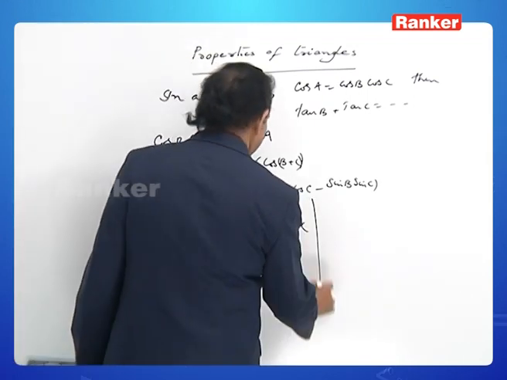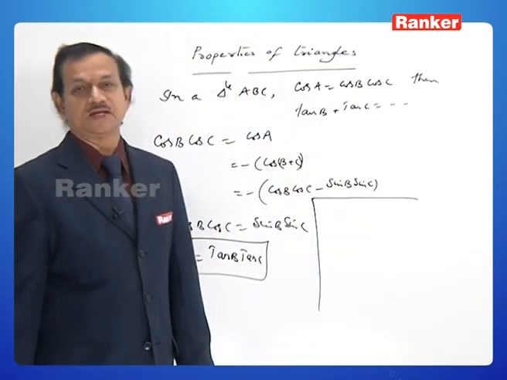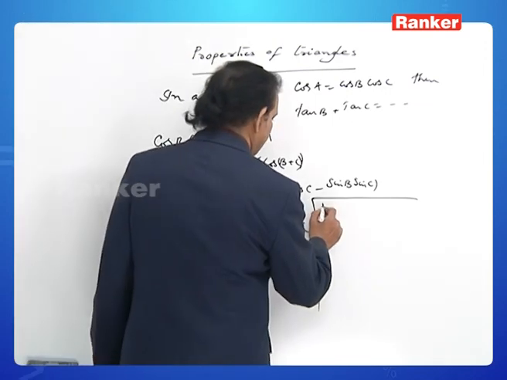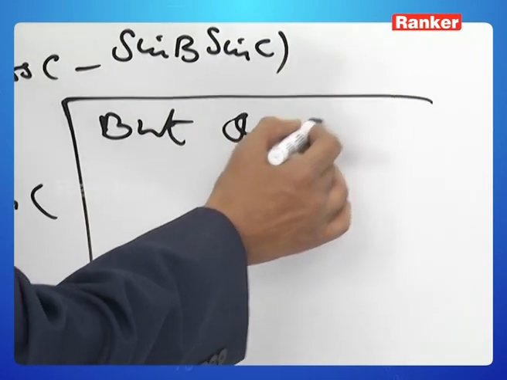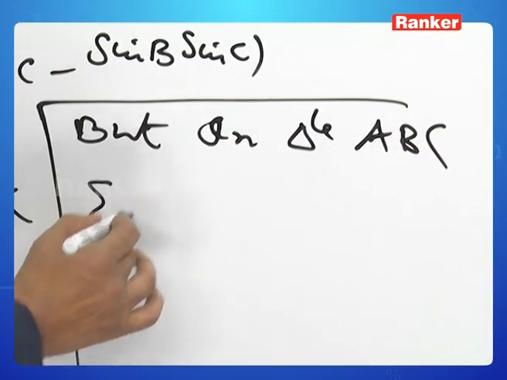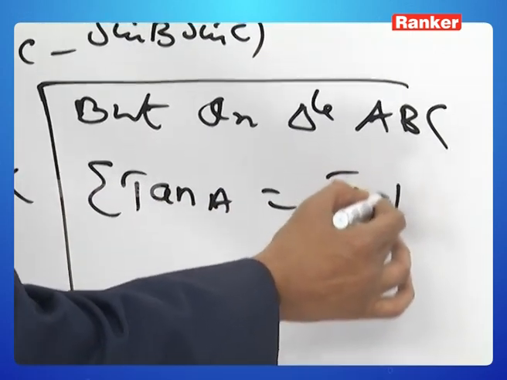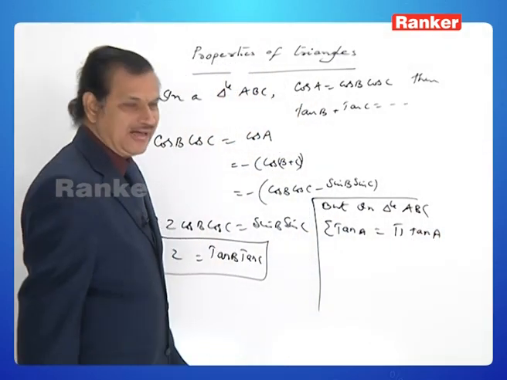You see, in every triangle, A plus B plus C is equal to 180 implies sigma tan A is equal to pi tan A, isn't it? But in triangle ABC, sigma tan A is equal to pi tan A. What is sigma tan A?